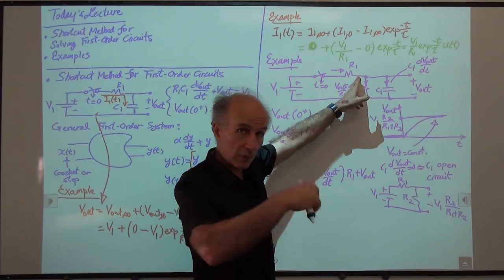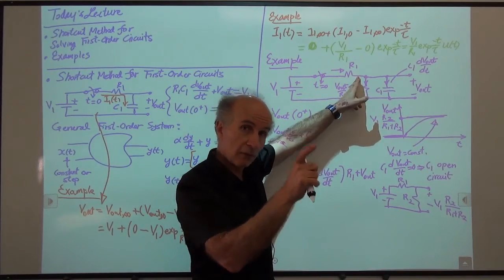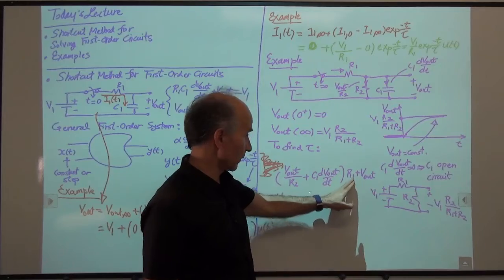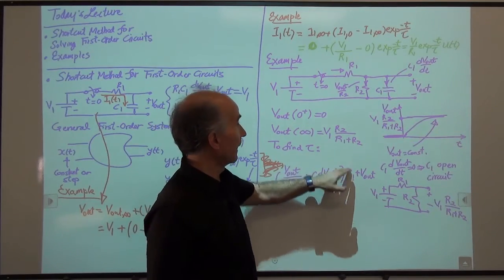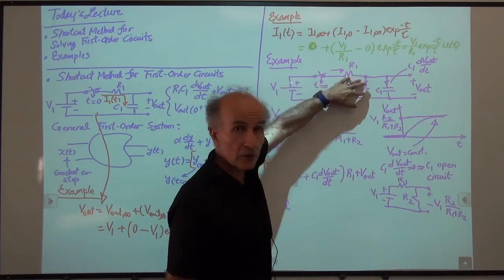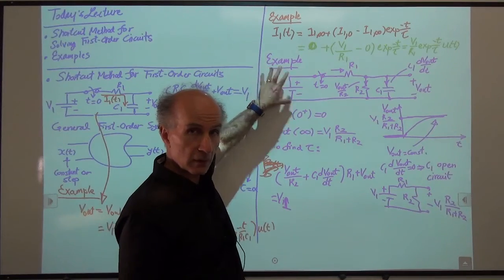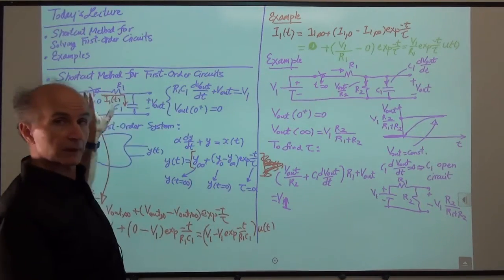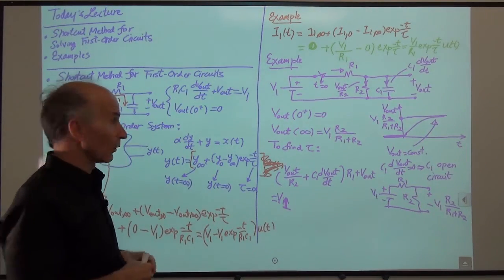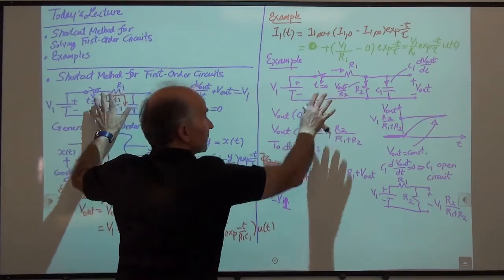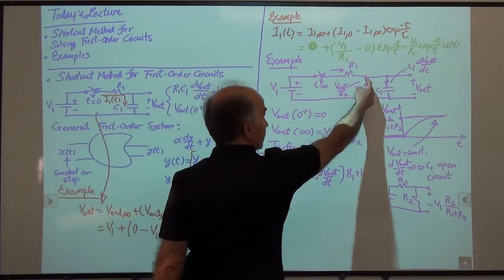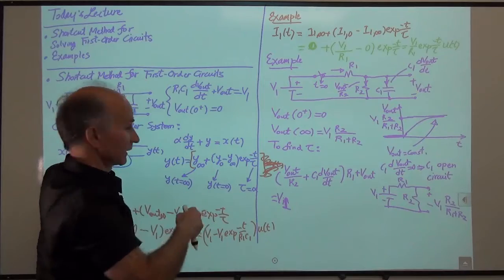Ohm's law says multiply that current by R1 to find the voltage across R1. So that's this whole thing. And then this voltage plus this voltage is equal to this voltage. This is very similar to what we did here. The only difference between these two is that here we have this additional current, here we did not.